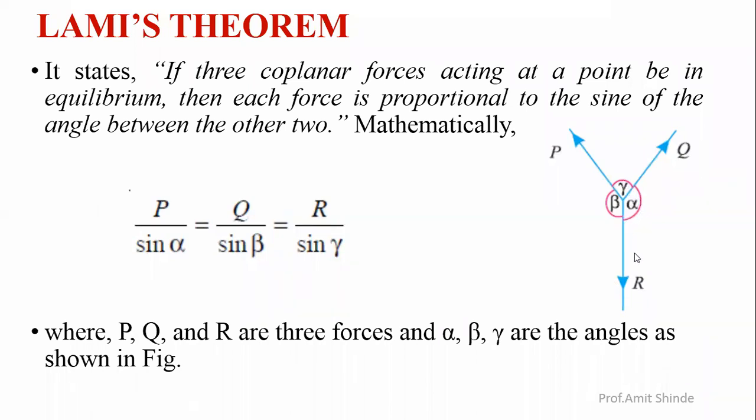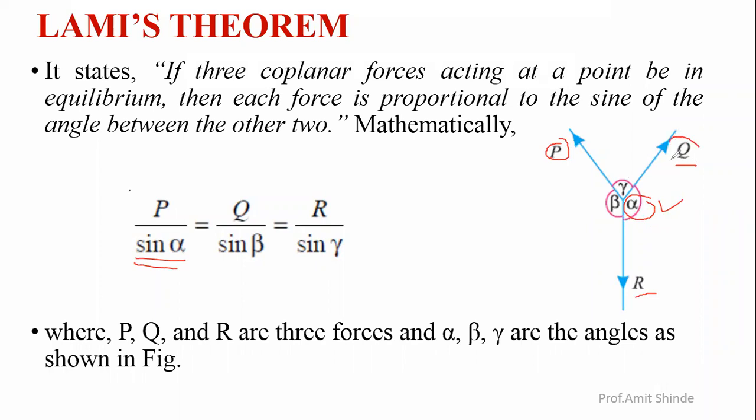Alpha is the angle between R and Q, beta is the angle between P and R, and gamma is the angle between P and Q. According to Lami's theorem, force P is proportional to the sine of the angle between the other two forces. The other two forces are Q and R, and the angle between them is alpha. It means P is proportional to sine alpha.